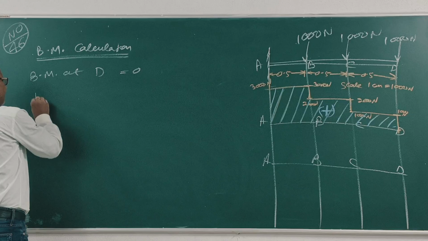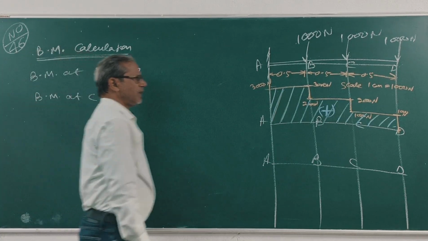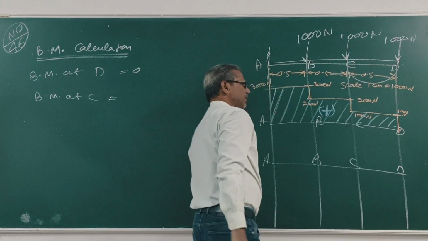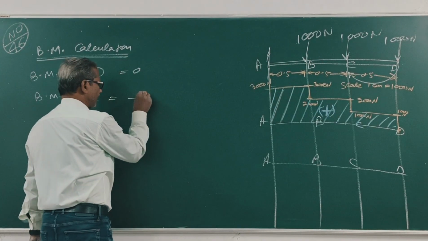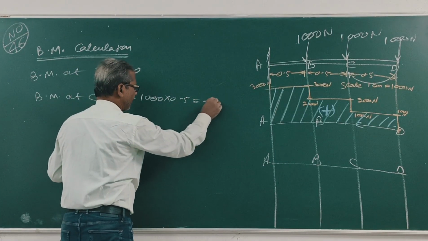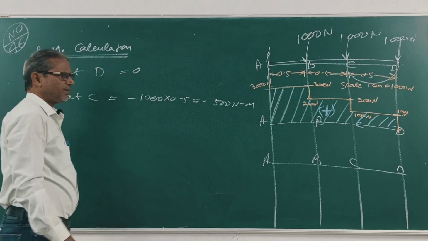Bending moment at C, at D 0, at C minus 1000 into 0.5, minus 500 Newton meter. Clear?